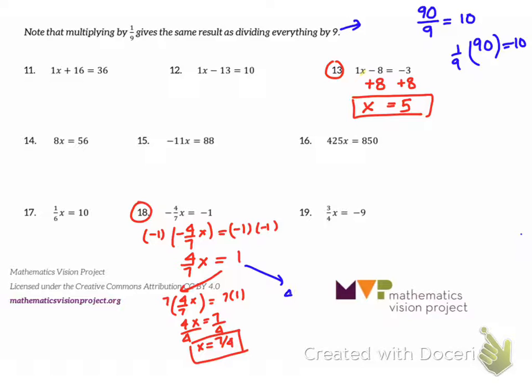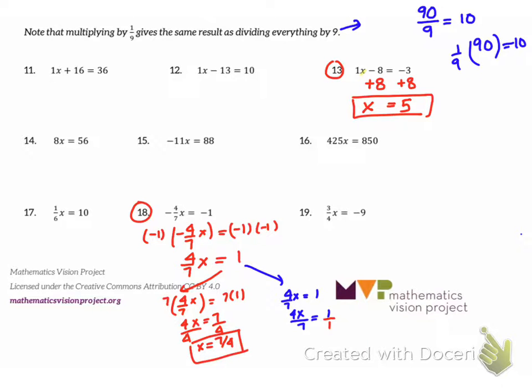If I have 4 over 7x equal to 1, I can rewrite it as 4x over 7 equal to 1, instead of 4 over 7 times x. Then I can assume this 1 has 1 as a denominator, because dividing anything by 1 doesn't change the value.